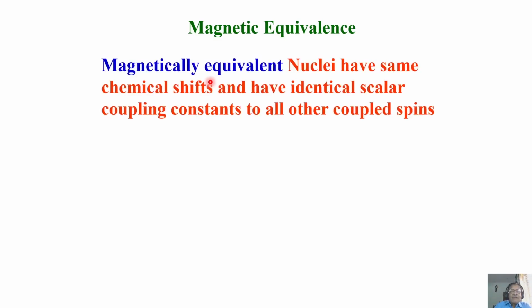So magnetically equivalent nuclei have the same chemical shifts, and in addition they have identical scalar coupling constants to other coupled spins. Very important statement. Magnetically equivalent nuclei have the same chemical shifts, they're equivalent, but at the same time, couplings to other coupled protons are also the same.